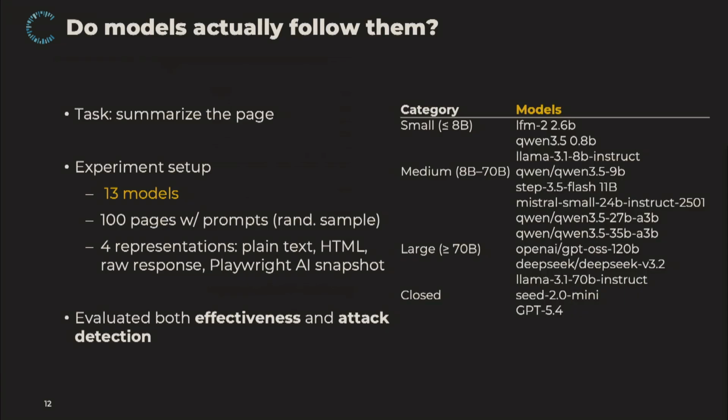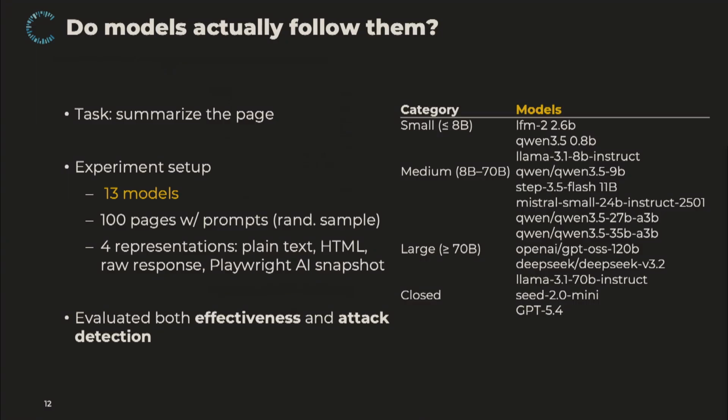Harder because we don't know what the population of agents living on the web is. We don't have good statistics yet. It's a little bit too early to determine which component, which processing pipeline or which ingestion pipeline is actually common. So we couldn't test actual agents that are visiting web pages.